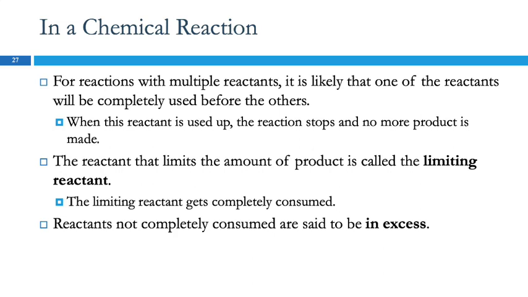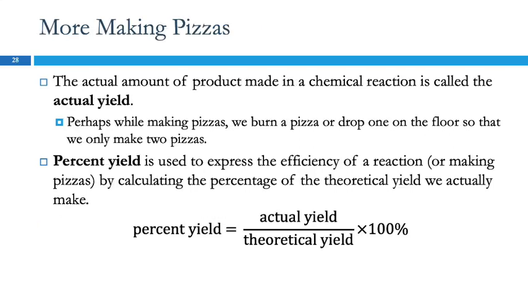Right? That would be really weird. It would be hard to go to the store and buy just the right amounts, right? There's almost always going to be some left over. So those reactants that are left over are said to be in excess. There's extra. So one thing gets used up, that's when the reaction stops, and everything else just sits there.